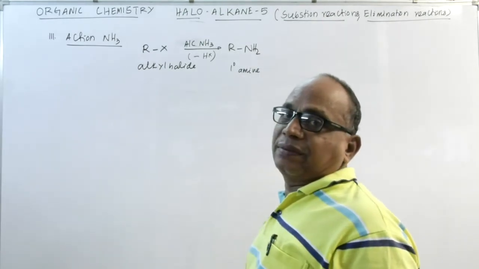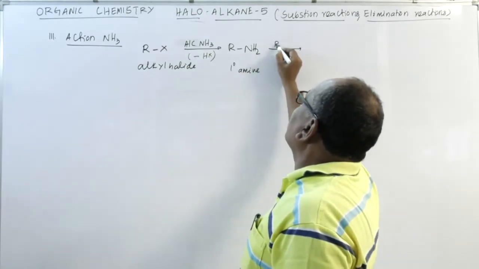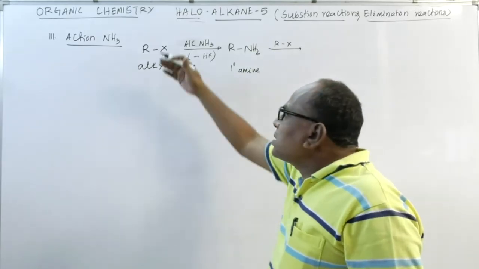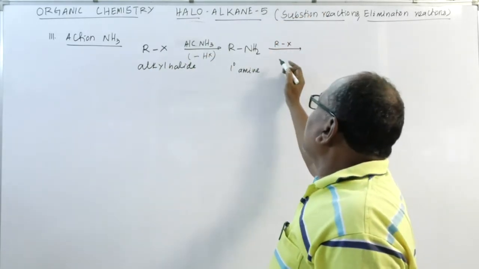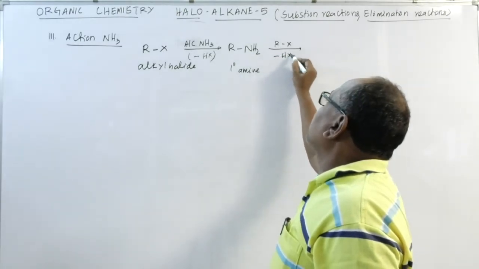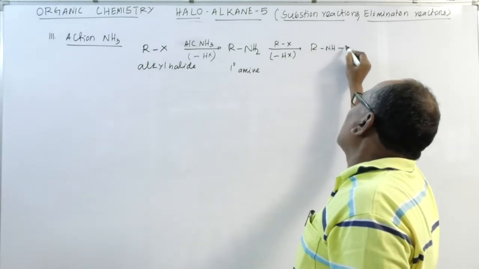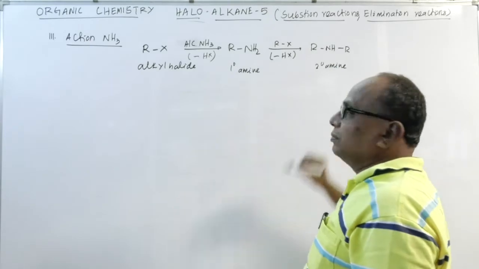primary amine. And this primary amine further reacts with another molecule of alkyl halide, because so much alkyl halide is there, you cannot stop at one. So it again loses a molecule of HX and forms R2NH, this is your secondary amine.